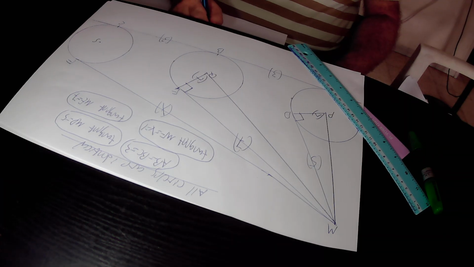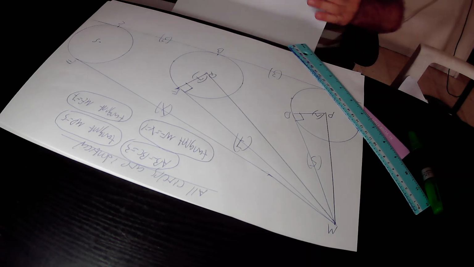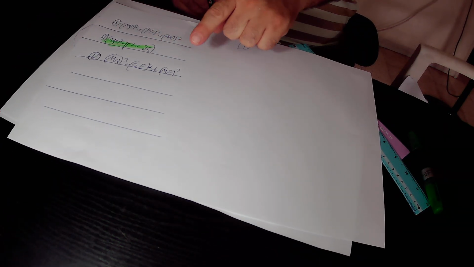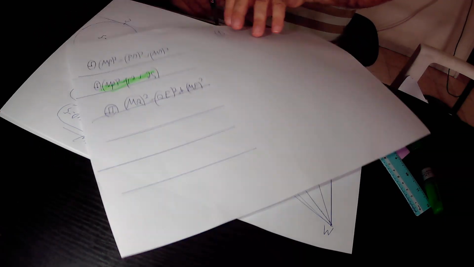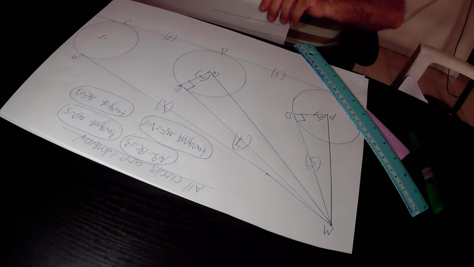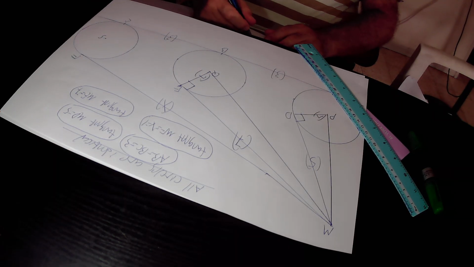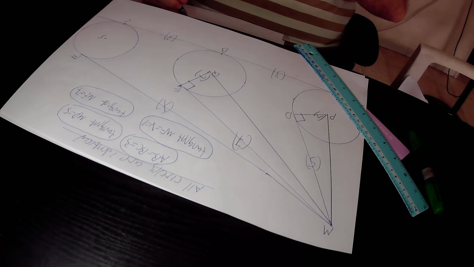Again, according to the Pythagoras theorem, in this right triangle MQE, MQ squared, that is the square of the hypotenuse, equals QE squared plus ME squared. MQ is the missing side, so MQ squared equals QE squared plus ME squared.